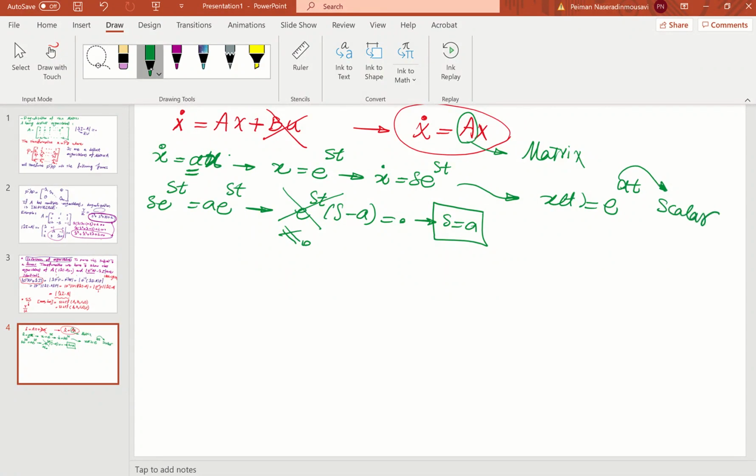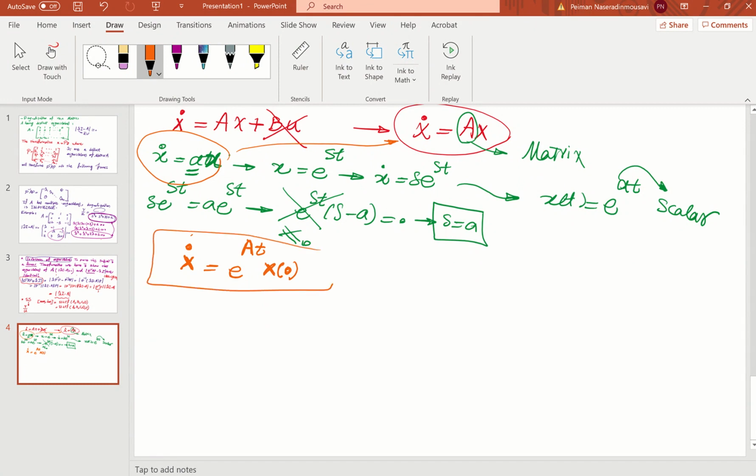But with the analogy between this differential equation and that differential equation, you can simply say that if you have the state space form, X dot, the solution is e^(At) times X at the initial condition at time 0. It's very simple to understand.